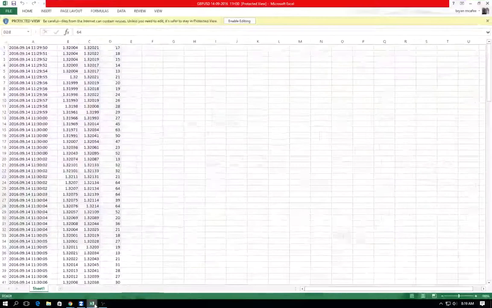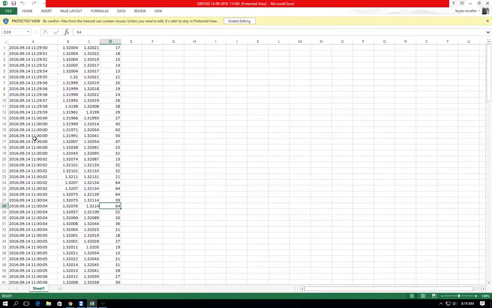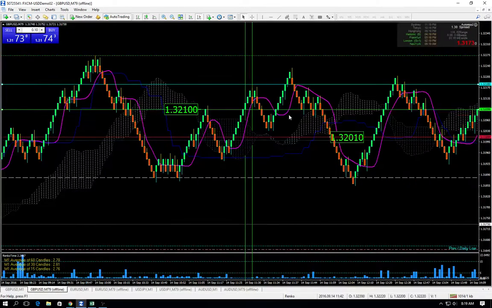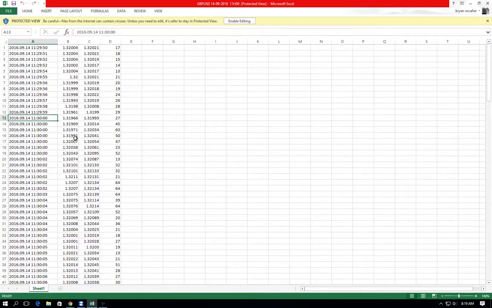Well, if we look at the spreadsheet, this was about a 4-second trade. Let me find the entry again. Entry was 2100. Okay, so it looks like 2 seconds after news released, that's when he got in.